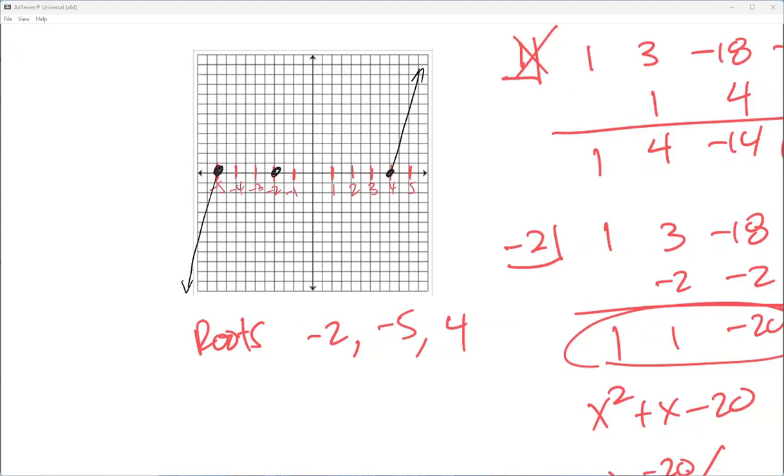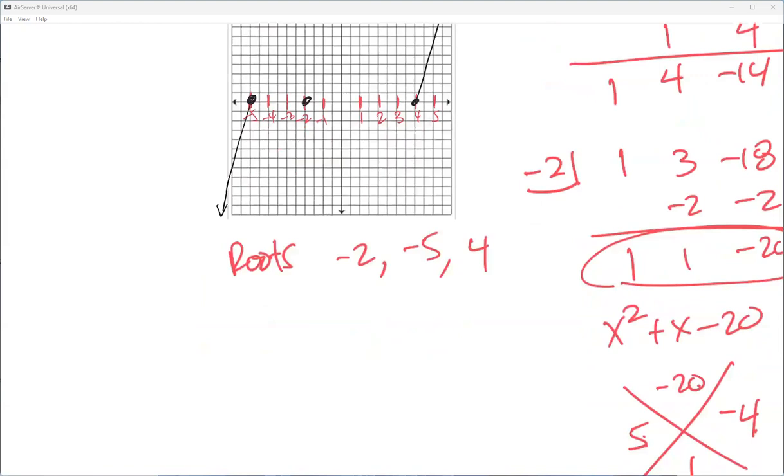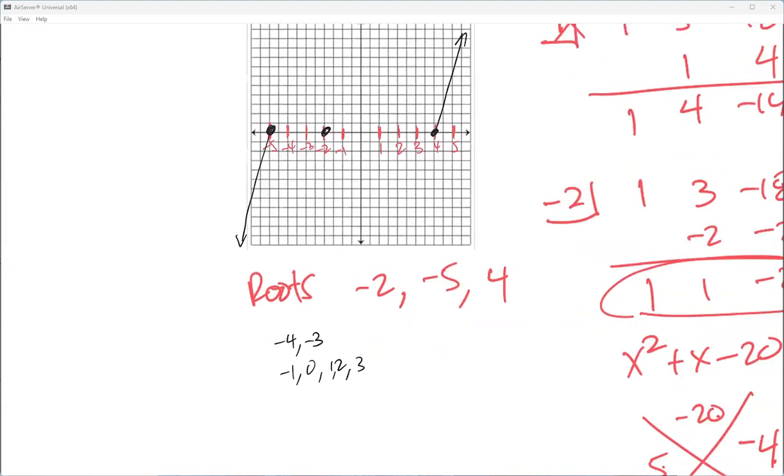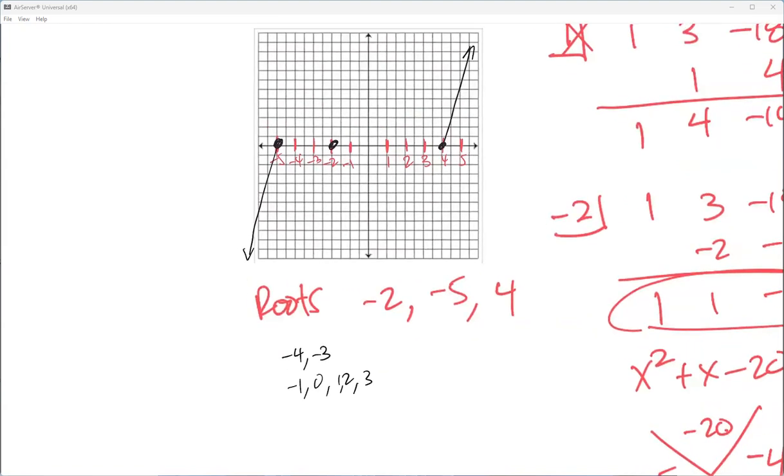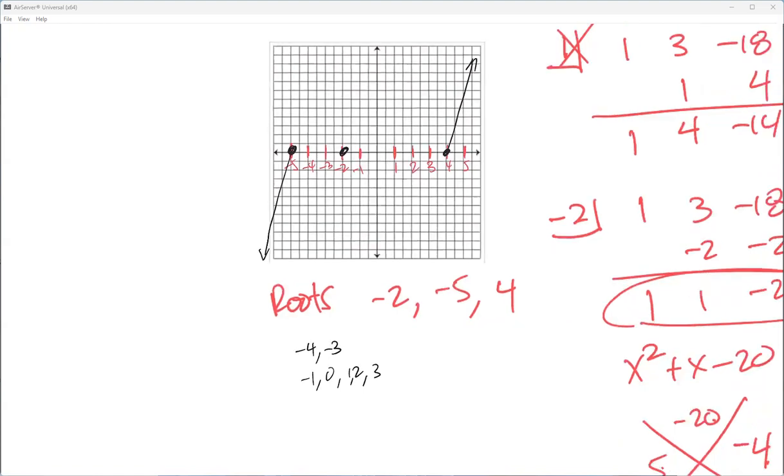We're going to plug in numbers such as -4, -3, maybe -1, 0, 1, 2, and 3. All right. You're going to notice that you plug in -4.